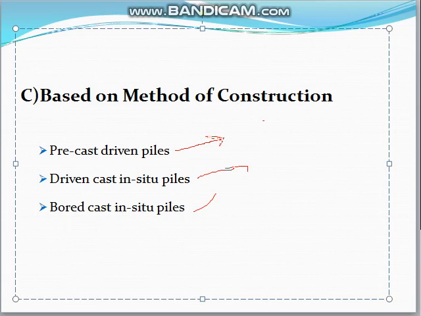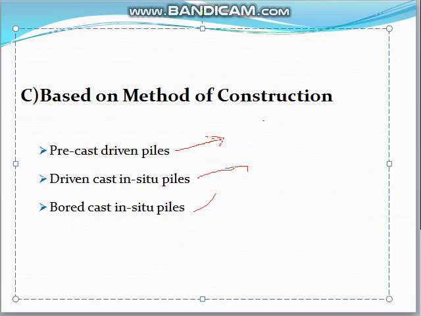Initially, piles are driven into the soil by applying hammer blows. In a precast driven pile, a precast pile is driven into the soil by applying hammer blows, and driven cast in situ piles are formed by driving a casing with a closed end into the soil. This casing is filled with reinforced concrete.